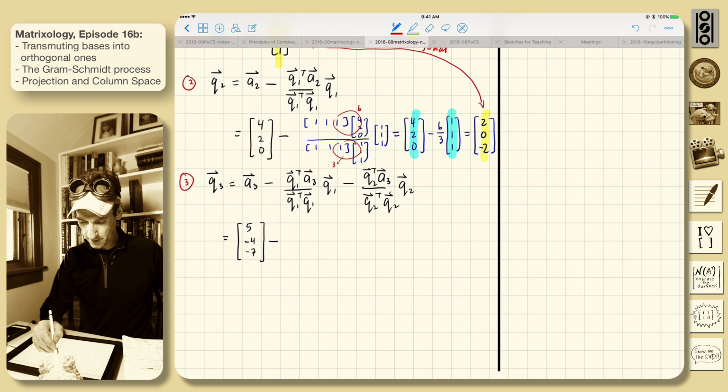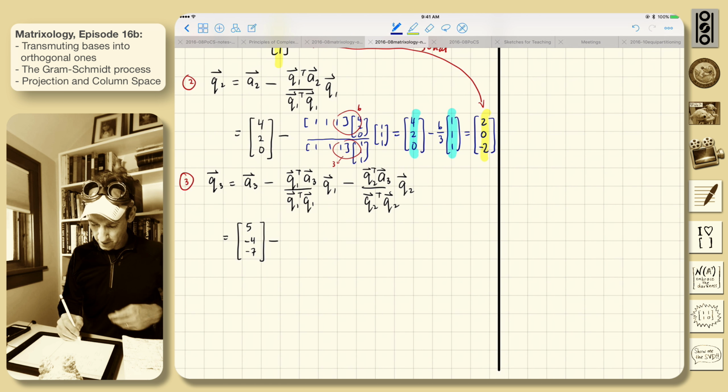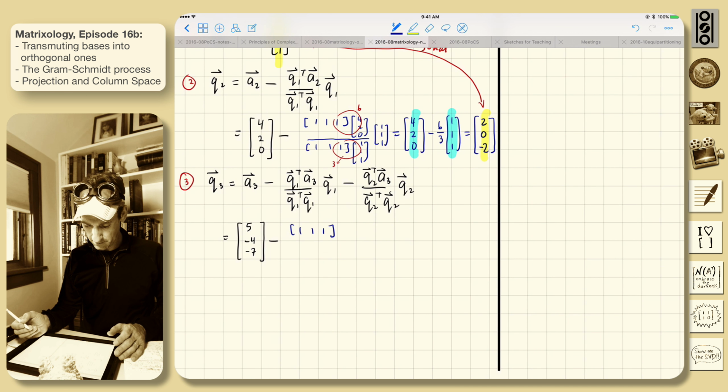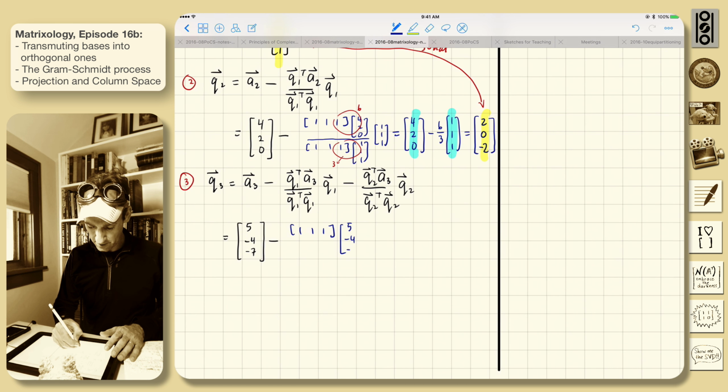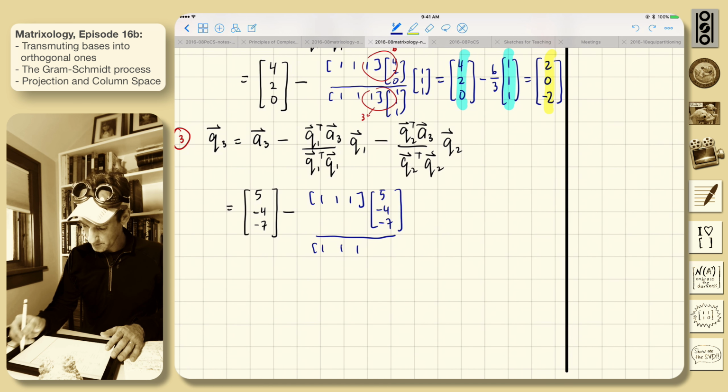It's going to be a similar looking thing. It's a calculation you should be able to do. So everything looks the same now. We've got A3, so we're going to have 1, 1, 1, that's our Q1, dotted with A3, which is 5, minus 4, minus 7. Similar to what's up here, that is what is pointing in the direction of 1, 1, 1.